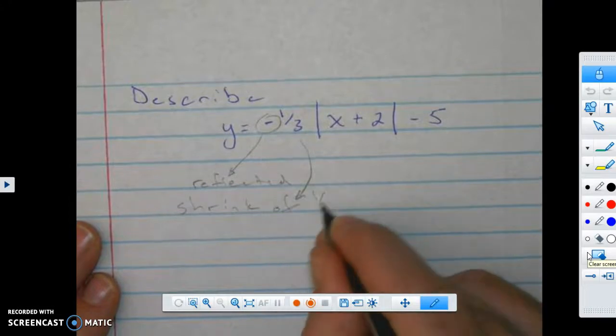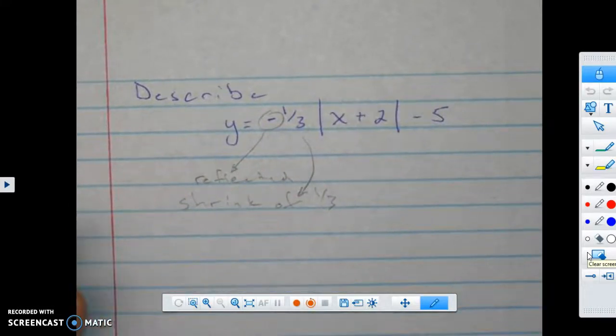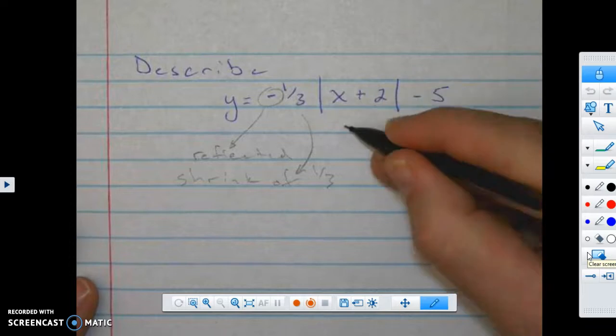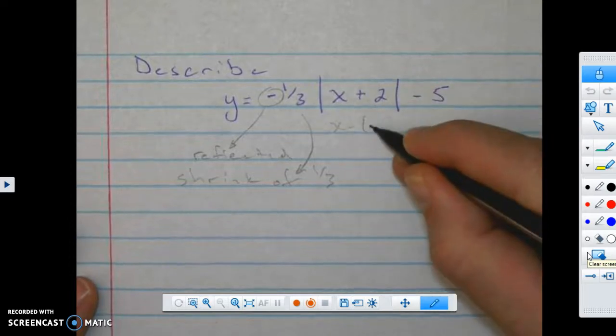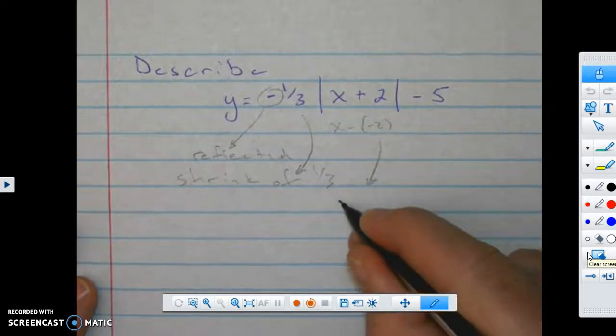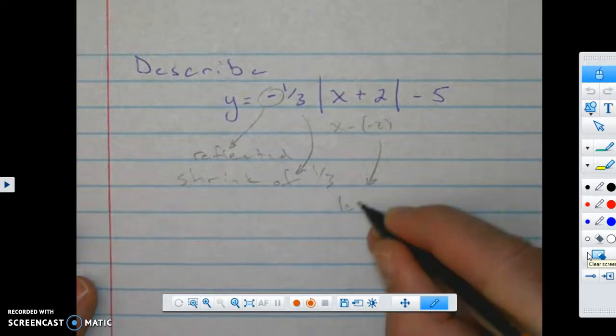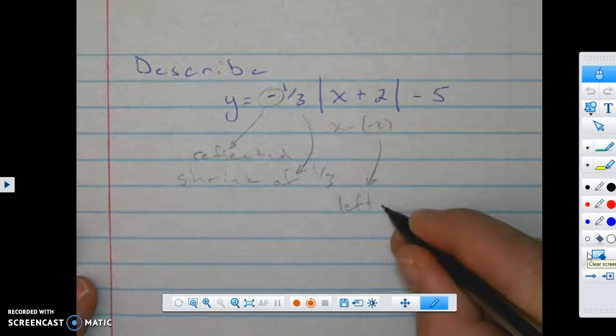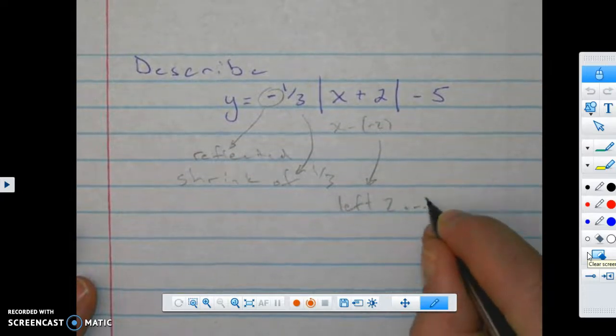of 1/3. You could say compression as well, and then recognizing that this is actually x minus a -2, so we should also say it's going left, or horizontal shift left 2 units.